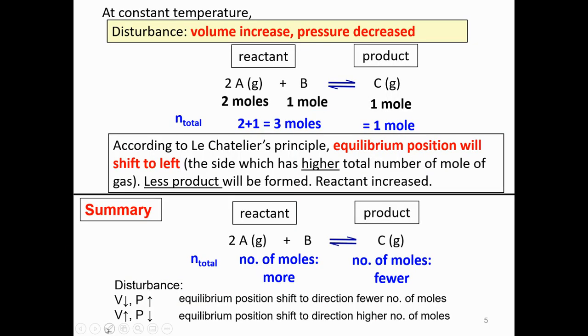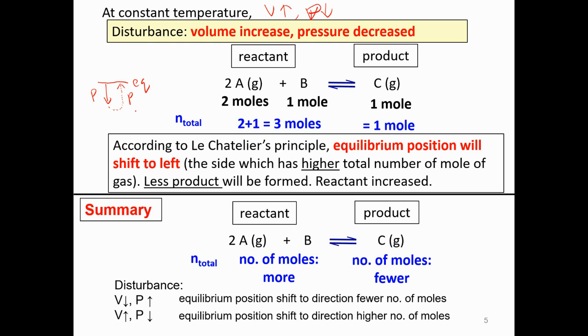Now let's move on to another example. Now when volume increases, pressure decreases. What does this mean? If we want to get back to equilibrium, what do we need to do? Now pressure decreases, so in order to get back to equilibrium, we need to increase the pressure.